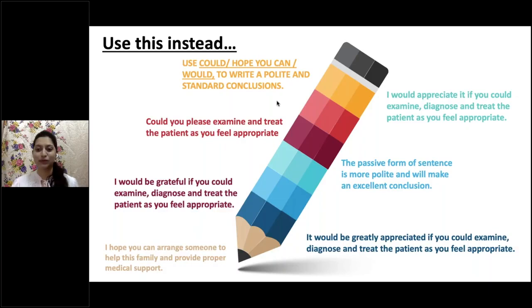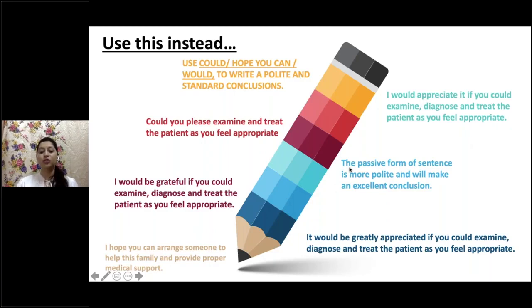You're actually asking them for help. So, "Could you please examine and treat the patient as you feel appropriate?" Or "I would be grateful if you could examine, diagnose, and treat the patient as you feel appropriate." Or "I hope you can arrange someone." Or "I would appreciate it if you could examine, diagnose, and treat the patient as you feel appropriate."